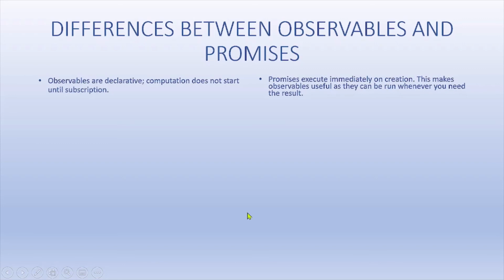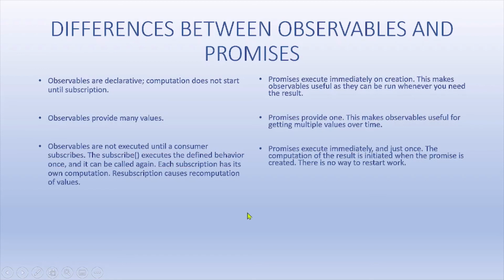We saw this, right? Promises execute immediately when they are created. Therefore, observables are useful as they can be run by, of course, subscribing to them whenever you need the result.